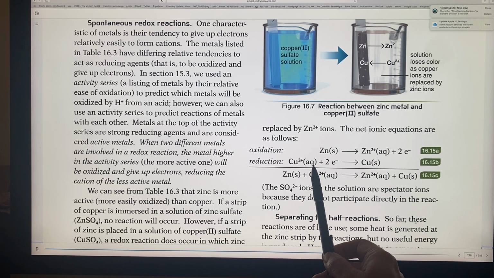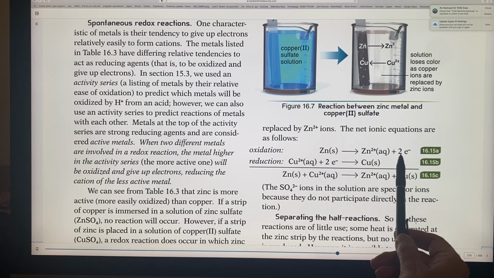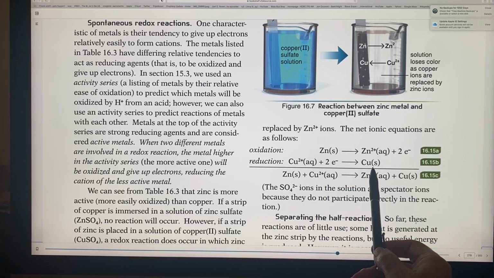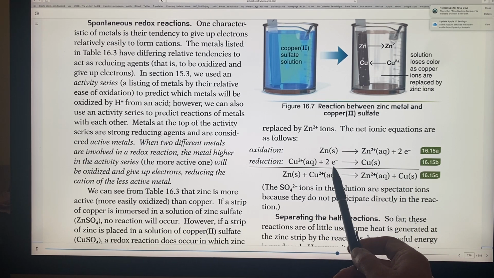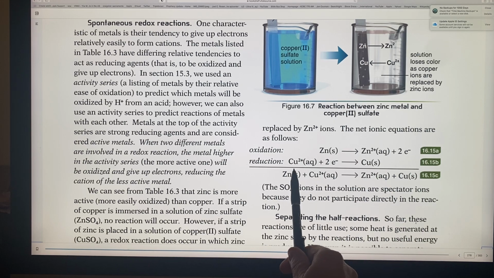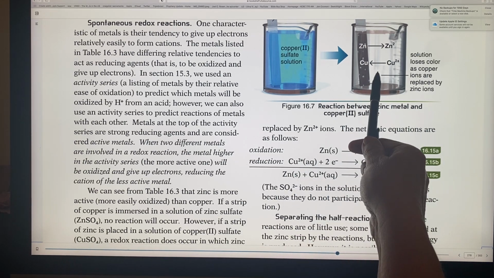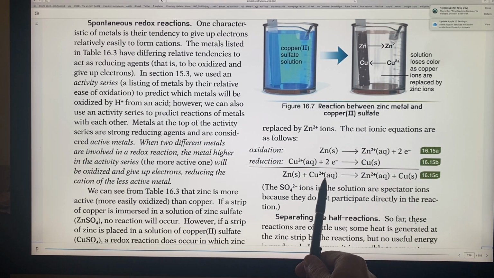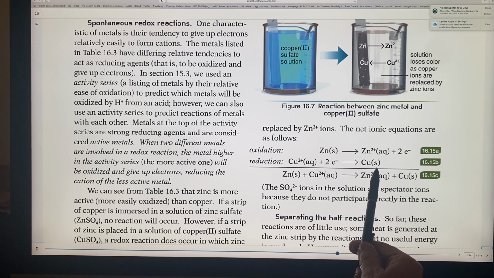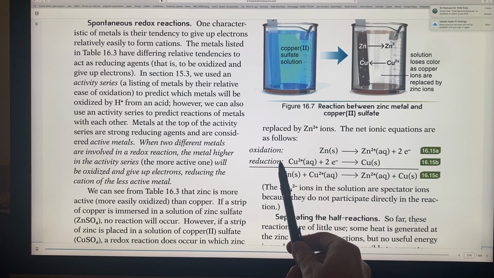The copper is taking these 2 electrons, forming copper. So here we have the reduction. The copper ions in here want to turn back to copper, which they will. So we can combine these two together.